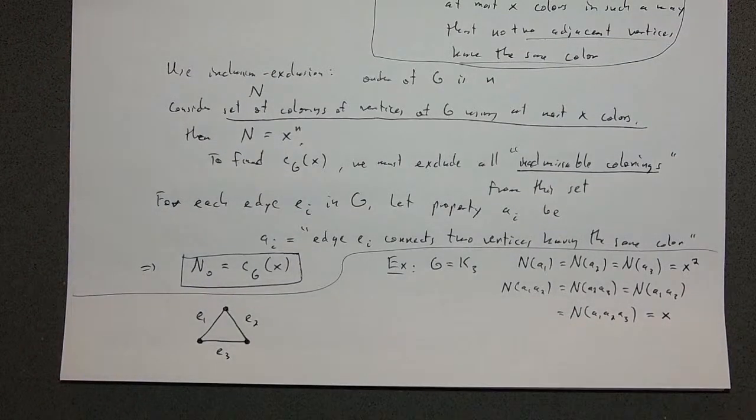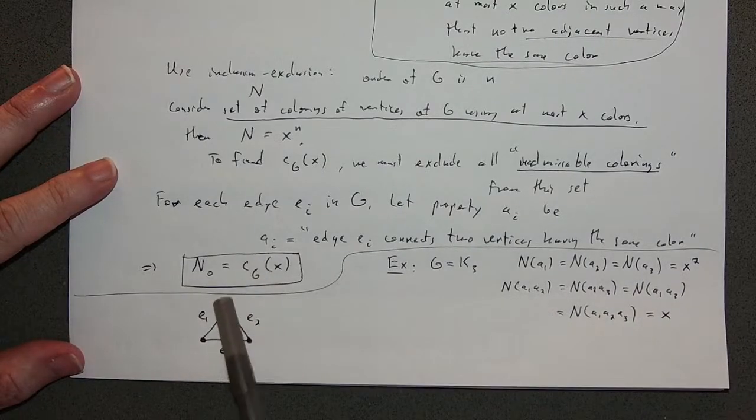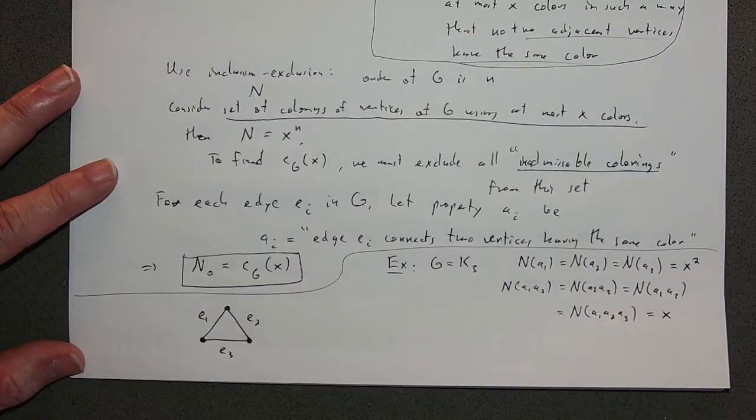And the number of those colorings is X. Okay. Why? Well, again, if you're using X colors, then you could color them all red, blue, green, whatever, however many colors you have, that's how many different colorings you have that satisfy these properties.